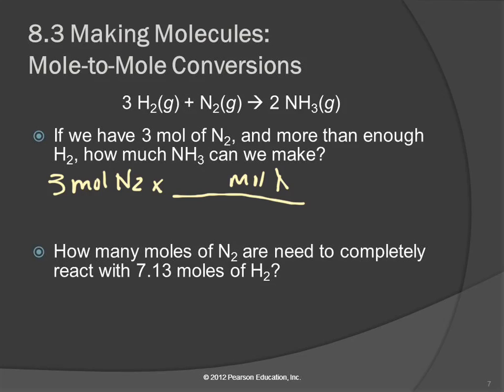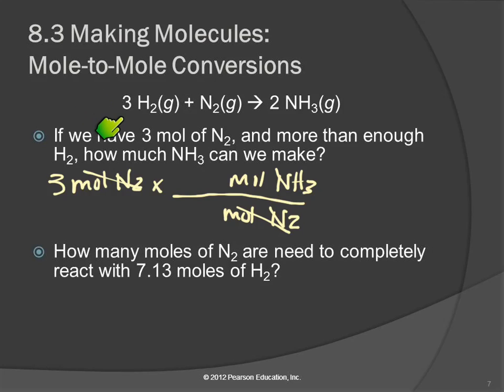Well, dimensional analysis says multiply by the unit that you want, divide by the unit that you've got, that you want to get rid of. So I want to divide by moles of nitrogen so they go away. I'm multiplying by moles of ammonia because that's what the question is asking me. Put your units in place.